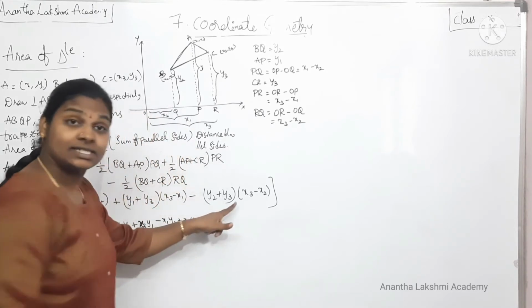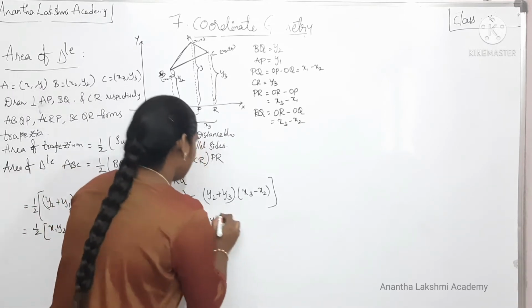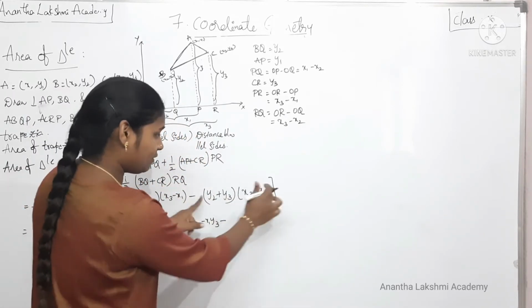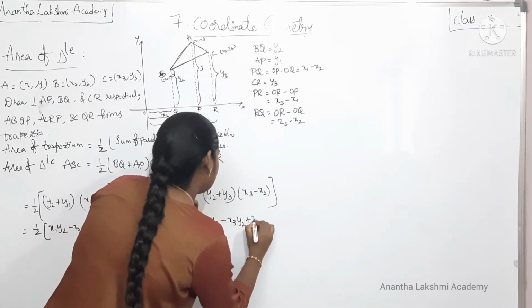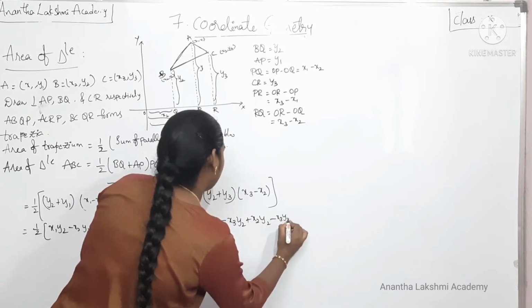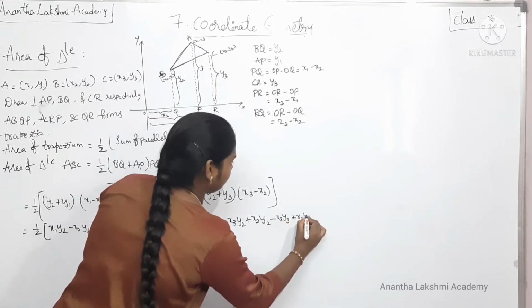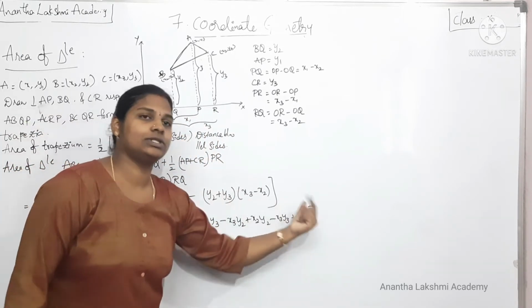Now for the last term there is a negative sign, don't forget that. I am multiplying it with minus, so minus x3 y2 plus x2 y2 minus x3 y3 plus x2 y3.